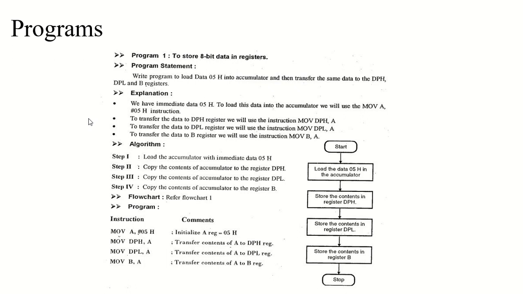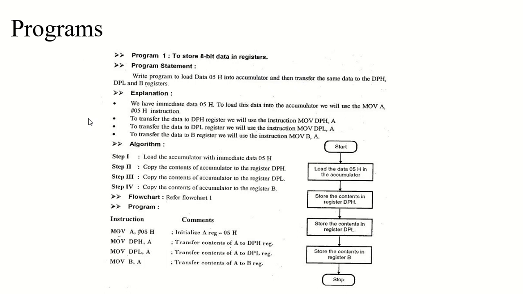Now that we have to transfer the data to DPH register, how do we do it? What instruction are we going to use? We will be using the MOV, or move, instruction: MOV DPH comma A. What will this instruction do for us? It will move the content which has been stored in the accumulator to the DPH.